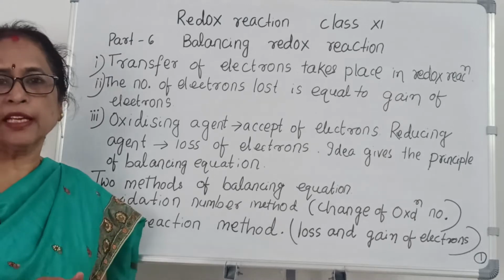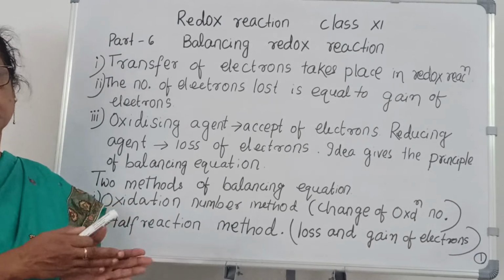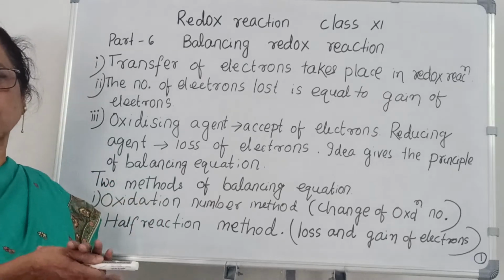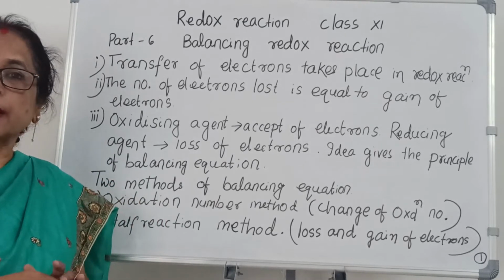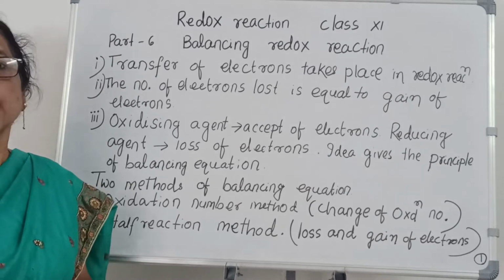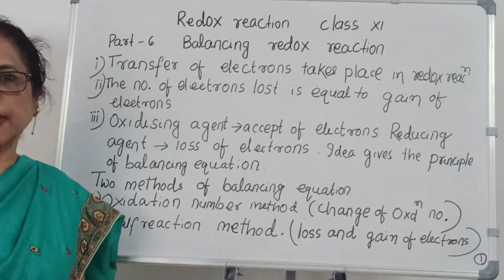That means here an oxidizing agent is present and a reducing agent is present. One is the oxidizing agent where reduction takes place and the other is the reducing agent where oxidation takes place.